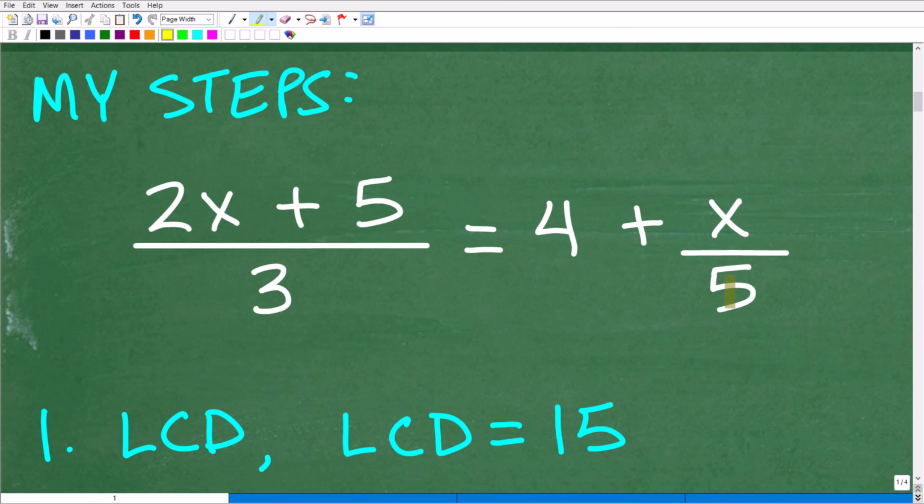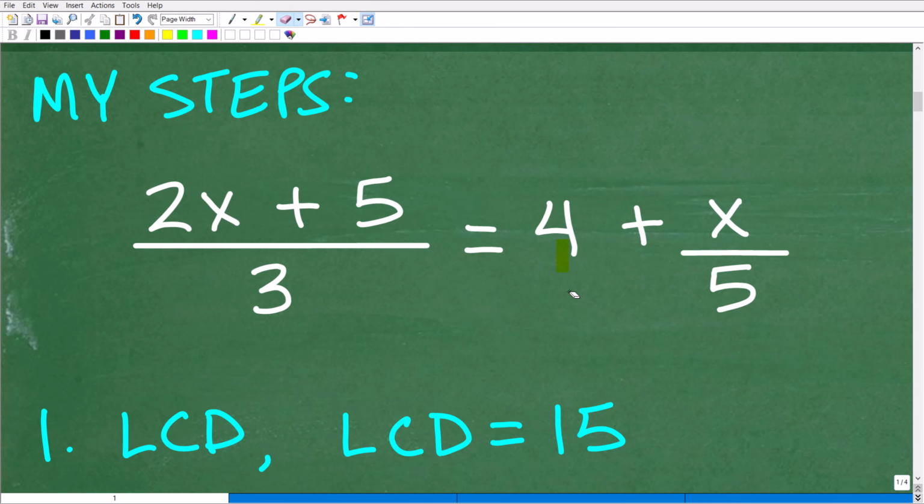One thing you could have done is combine the expressions, 4 + x/5, added these two up, and the result is you could have constructed a proportion. I'm not going to show you that, but that's perfectly fine.